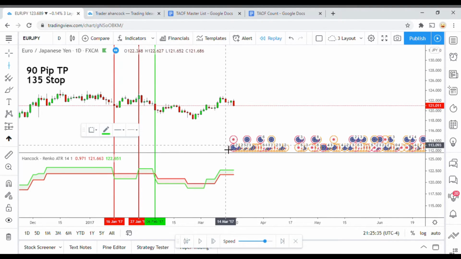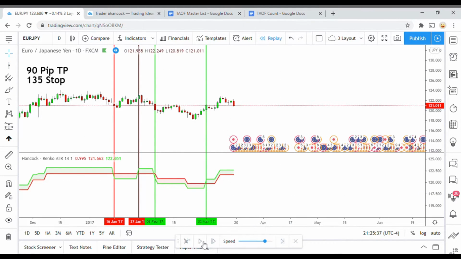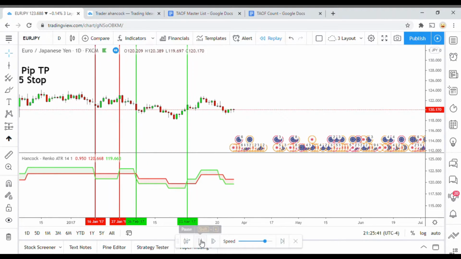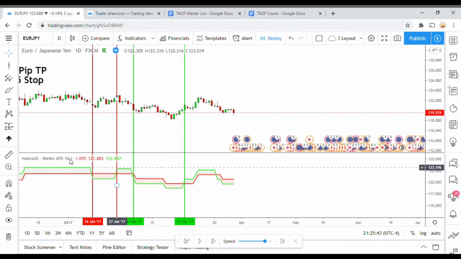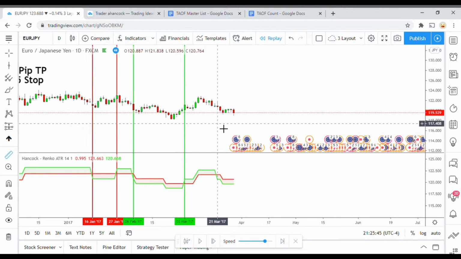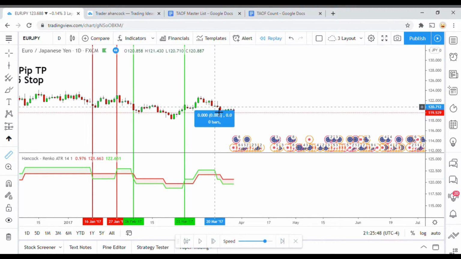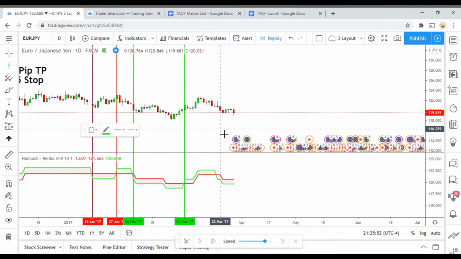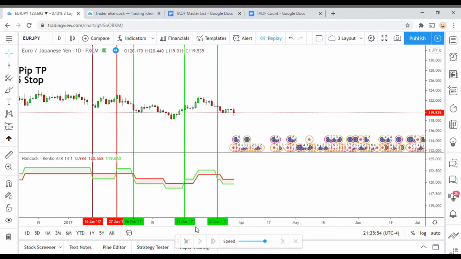There is another signal right there. That one got us to take profit. So not so horrible. Let's see. That one looks like it got us to take profit here as well. It did.